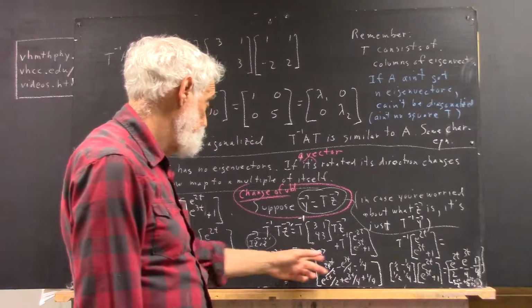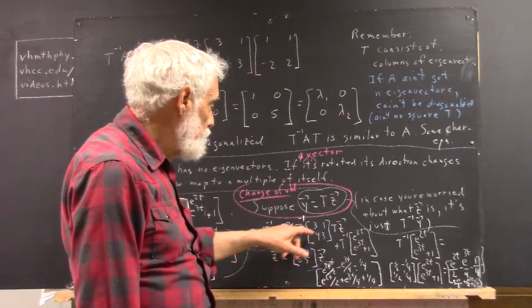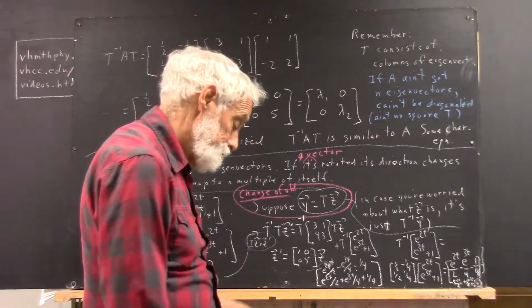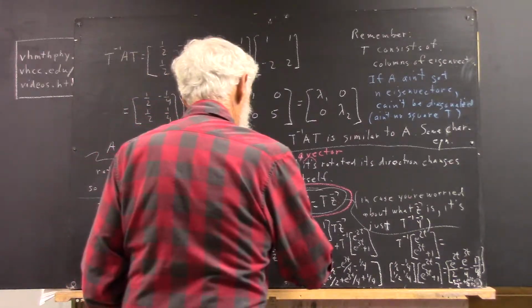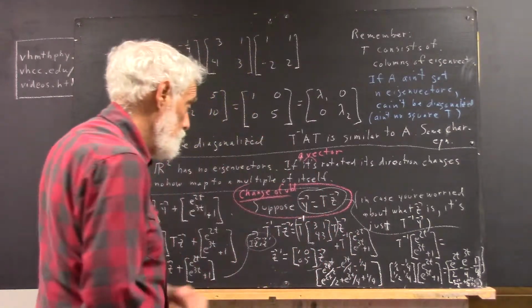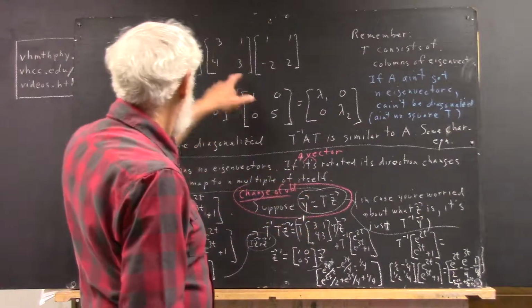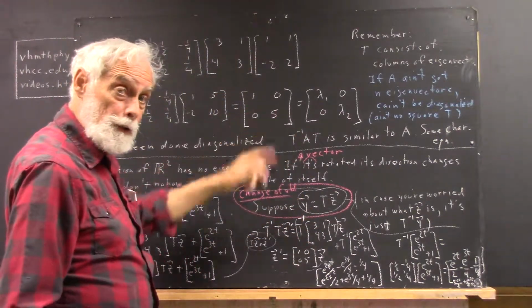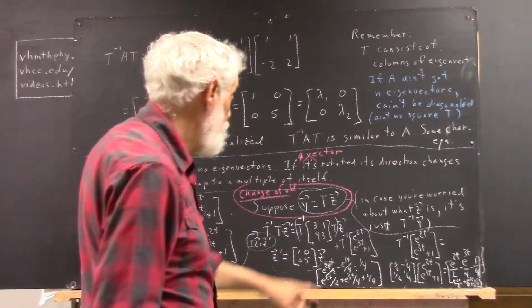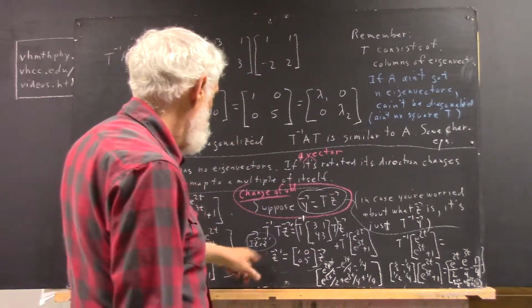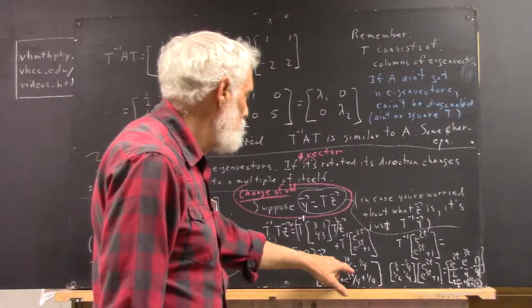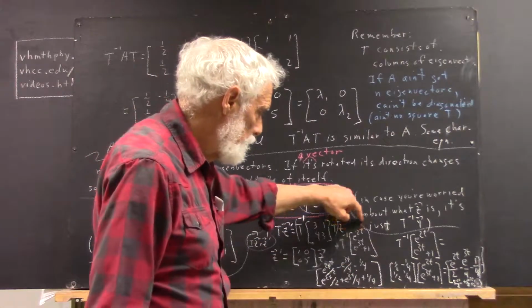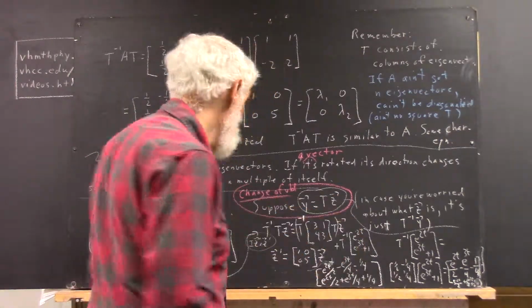And T inverse times our matrix times T, we just group it that way, is just what? T inverse times this matrix 3, 1 times T, we just calculated up here. It's our diagonal matrix with the eigenvalues. So z prime is this times z plus this thing that we get from doing T inverse times our non-homogeneous part.